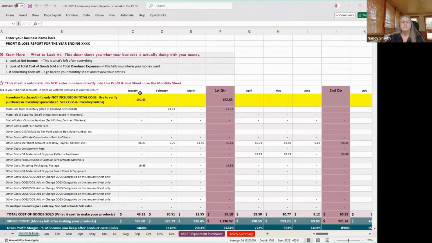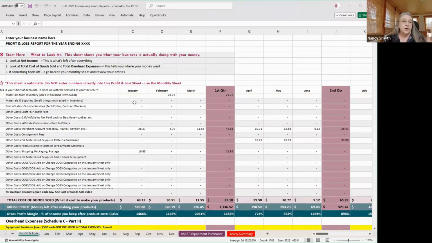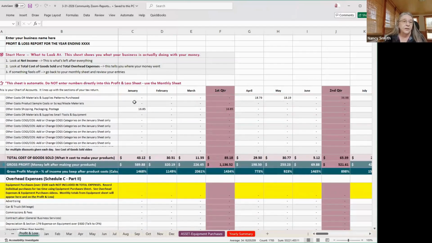So that would be like going to look at your balance sheet account in software and drilling down to figure out how much money you actually spent on inventory during the year. So all the same things.